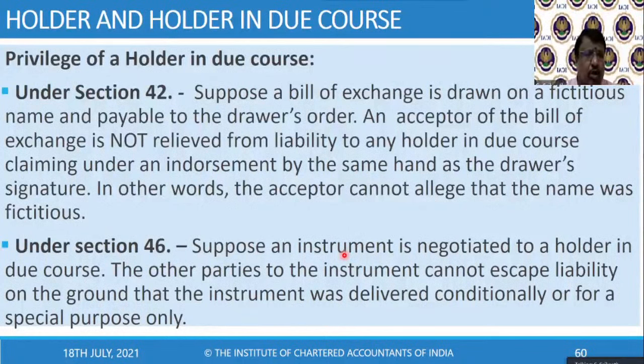But once it goes to a holder in due course, he is entitled to collect it. Thereafter, the fight is between you and the payee. You have to pay it. You are the maker, you signed it. Which is why, suppose you have given a promissory note for a loan, nothing wrong. If you are repaying that loan, religiously ensure that the promissory note is recovered and cancelled. Should be recovered and cancelled.